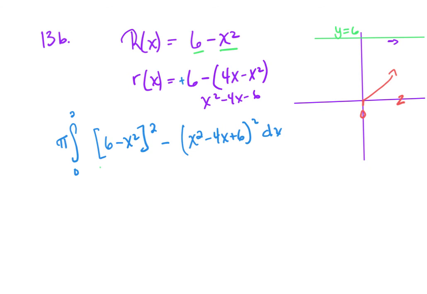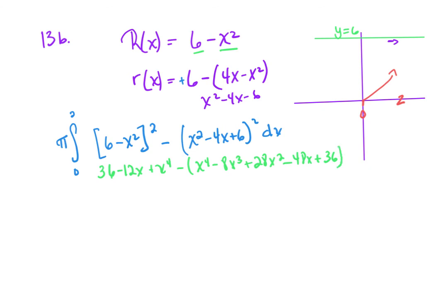Go ahead and FOIL these. You end up with 36 minus 12x squared plus x to the 4th minus, FOIL this one as well, x to the 4th minus 8x cubed plus 28x squared minus 48x plus 36.